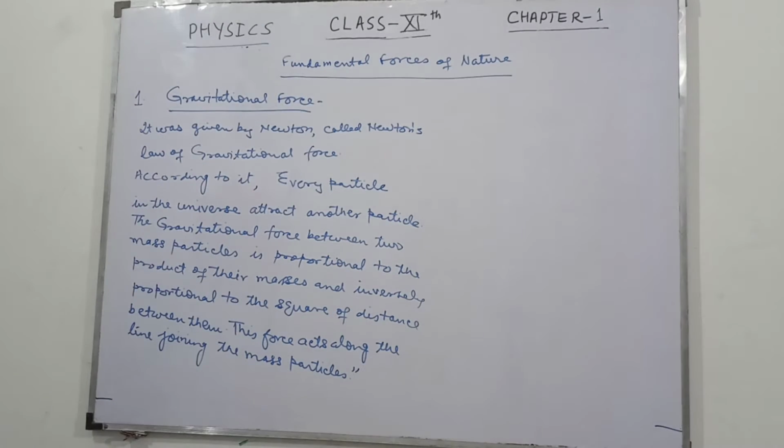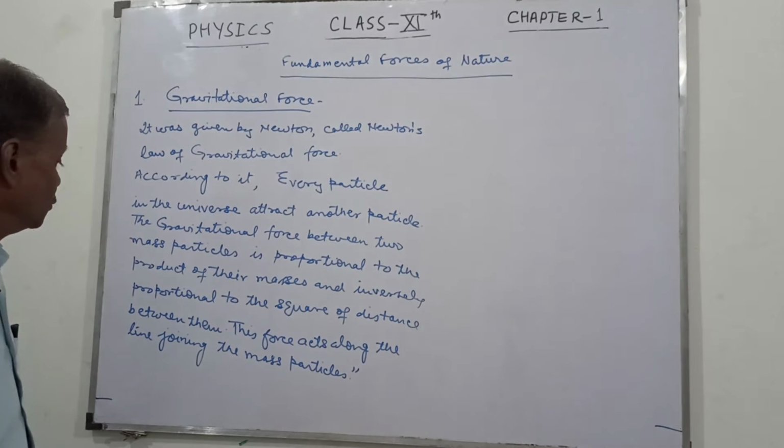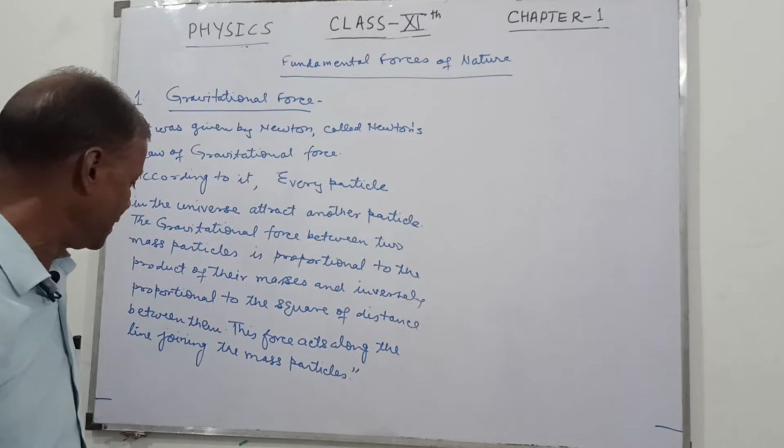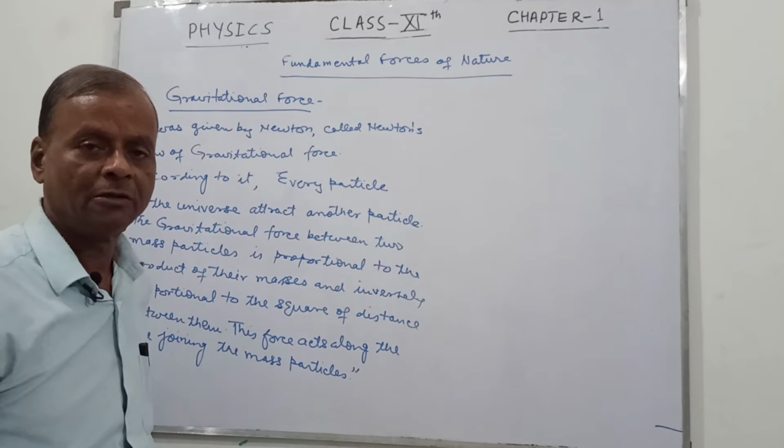Every particle in the universe attracts another particle. The gravitational force between the two mass particles is proportional to the product of their masses and inversely proportional to the square of distance between them. This force acts along the line joining the mass particles.